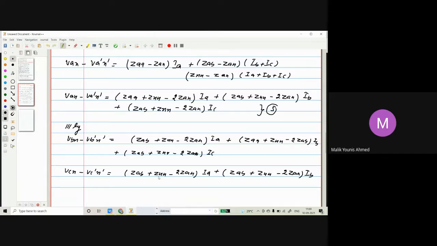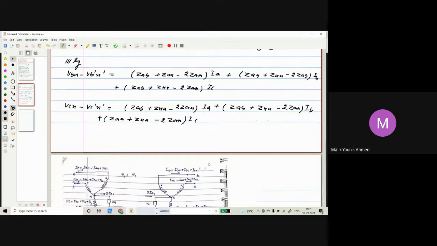Now third will have a change because we are talking about C. So self impedance will come into the picture. That is ZAA plus ZNN minus 2ZAN into IC. So this is the set of equations we are getting for 3. We'll add a page here.